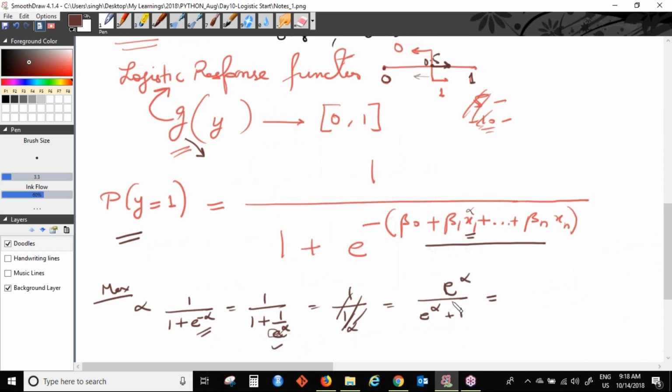Or let me do it this way: I can write e to the power infinity divided by e to the power infinity plus 1. Now e to the power infinity is infinity, and in the denominator I get 1 plus infinity. So I basically get infinity divided by infinity, which is equal to 1. So that means if you put infinity here, what you get is 1.